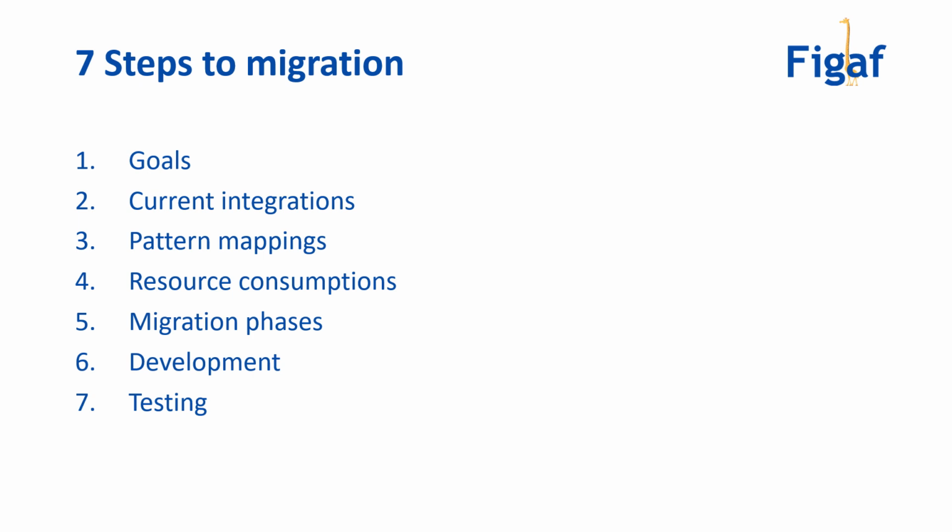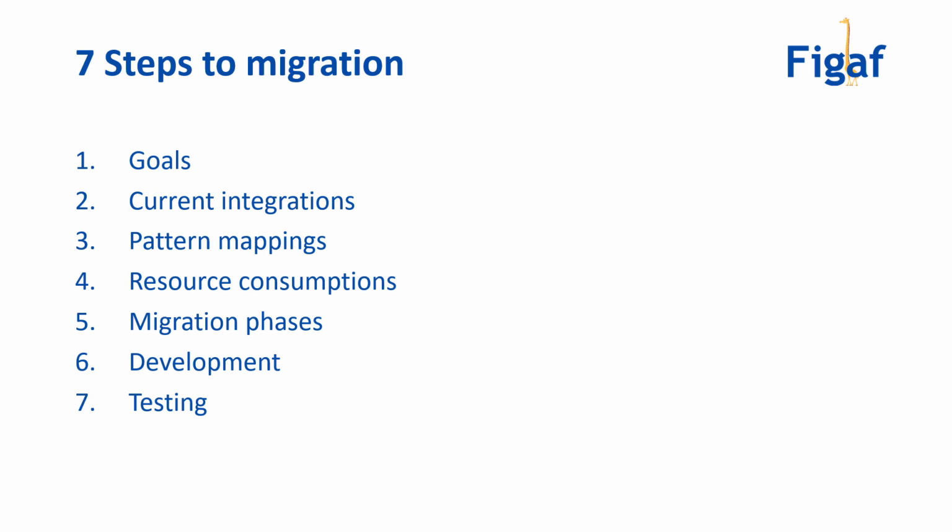Then you want to look at what are the different patterns we have, also a topic from the Integration Solution Advisor, ISAM, where you say, well, we have this scenario, the best place to run this is in this platform, and then we can do it like that.